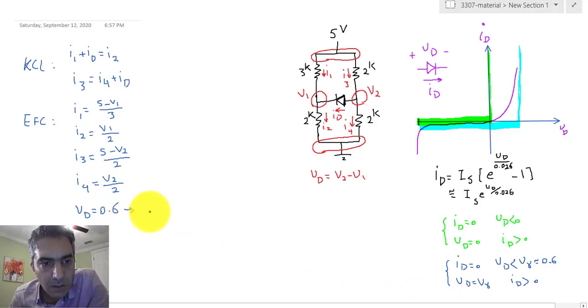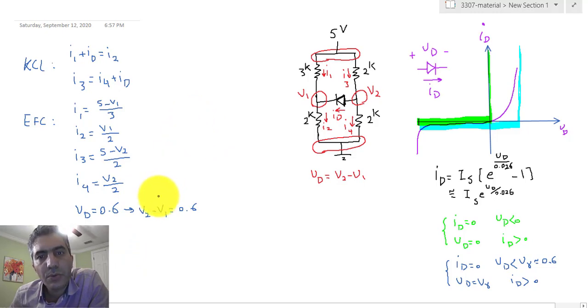So then again, based on this, I'm going to do V2 minus V1 is equal to 0.6, right? And I move on to solve these set of equations and try to calculate the currents, all the currents.